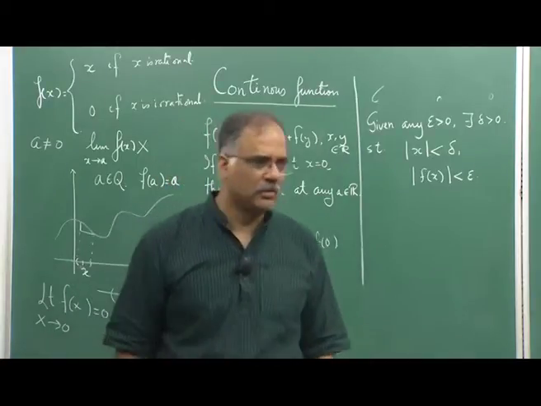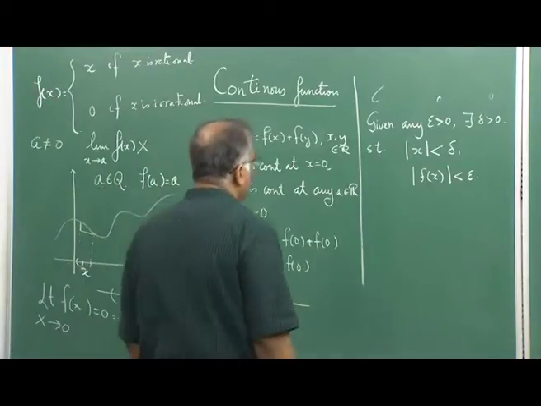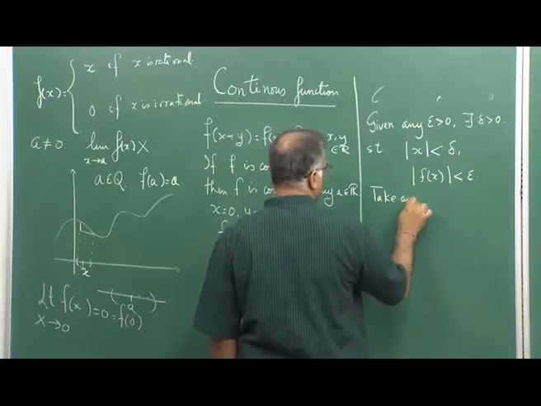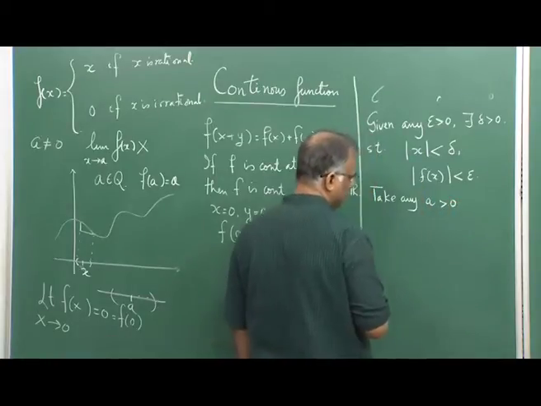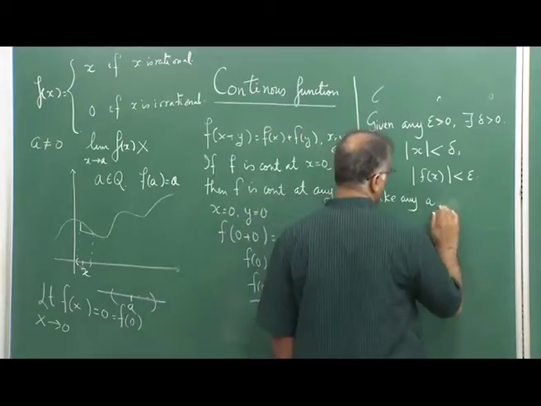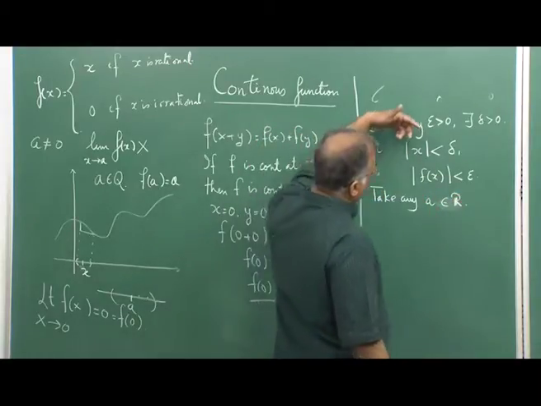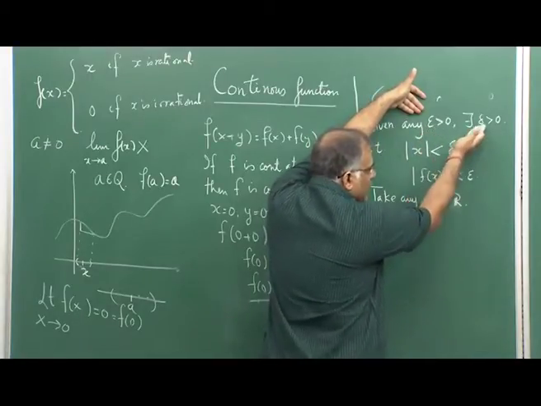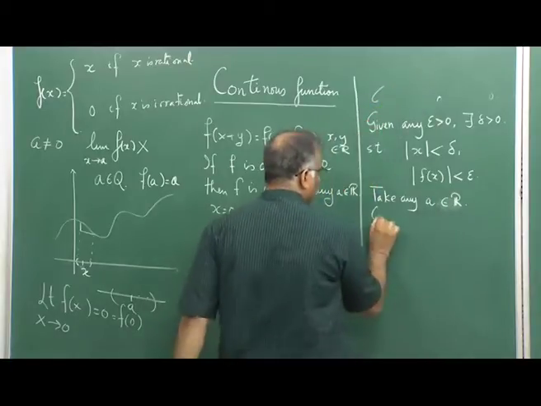This is what happens, right. Now, take any a, sorry, I am making a mistake, a element of R. Now, take any epsilon. So, for that epsilon there exists a delta for which this happens. So, take the same delta, okay.